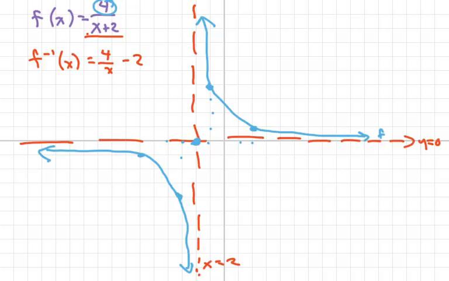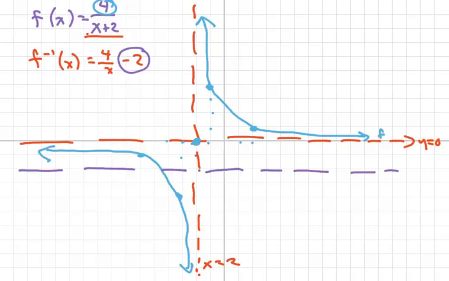That means my horizontal asymptote is shifting down by 2. So I'm going to go down by 2, 1, 2, and draw a horizontal asymptote at y equals -2. My vertical asymptote, because of this, is x can't be 0. We have one at x equals 0.